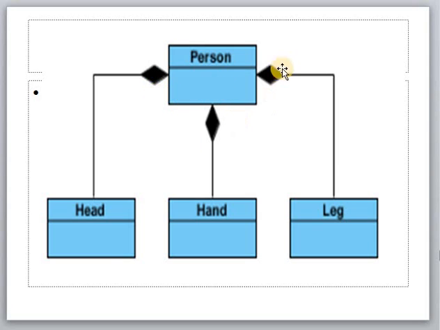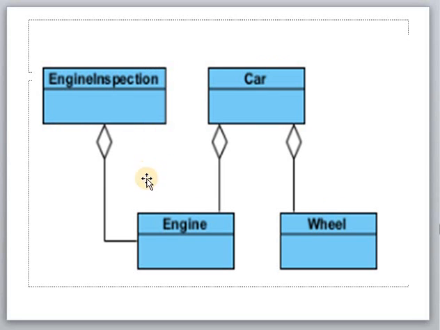So there is a strong dependency, and a relationship where a part cannot live without the whole is basically known as composition relationship. In aggregation relationship, the part is not fully dependent on the whole.